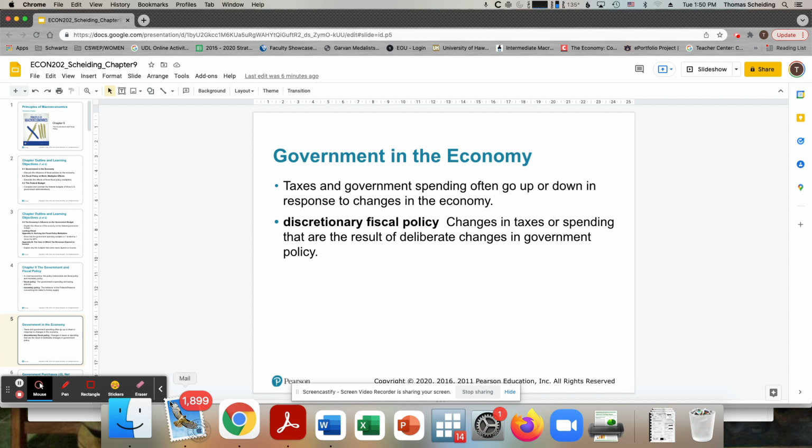September 11th would be another example. Even the 2008-2009 financial crisis would be another example. Basically, you've got an event, government officials, politicians, realizing they better do something, otherwise, they won't get voted back into office. And so then they do something, and that something that they do is spending or taxing.